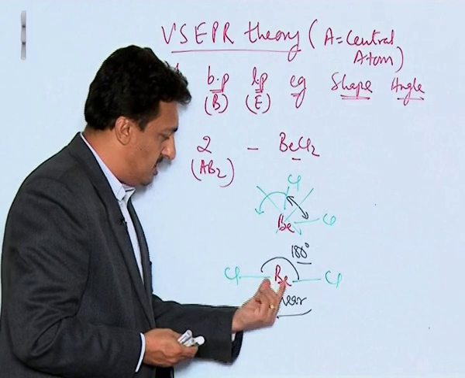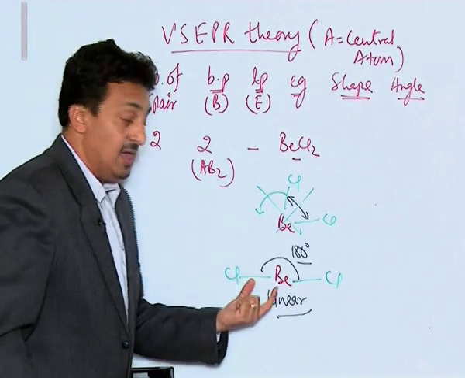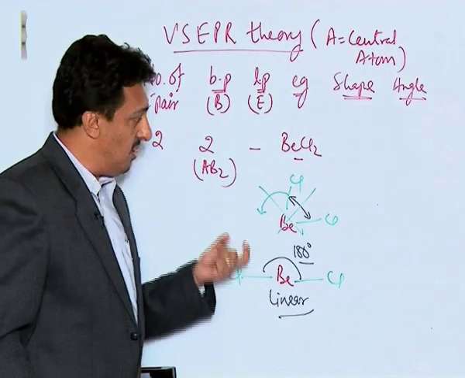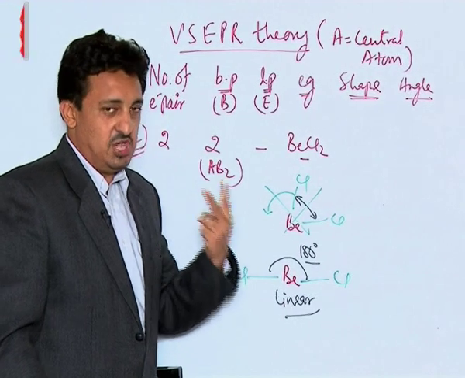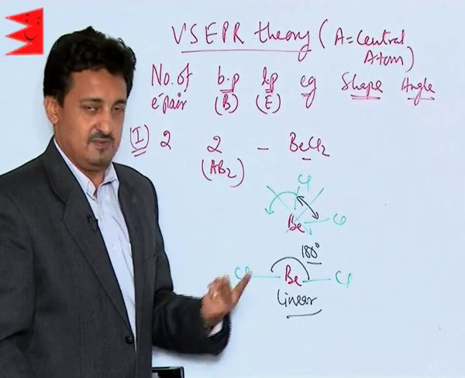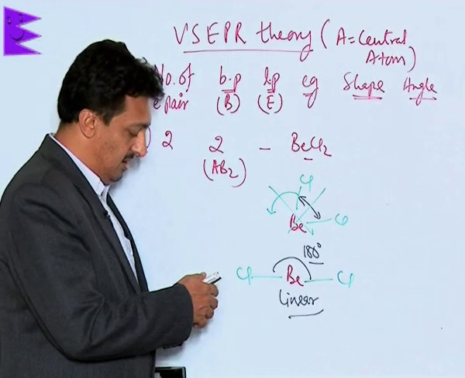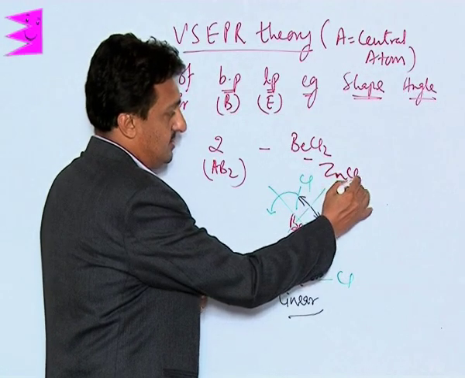Because by doing so, this beryllium has arranged its two bonded pairs in such a way that they have minimum interelectronic repulsions. That is why whenever the central atom has two bonded pairs, the shape will always be linear. Other examples of the same category are ZnCl2, etc.